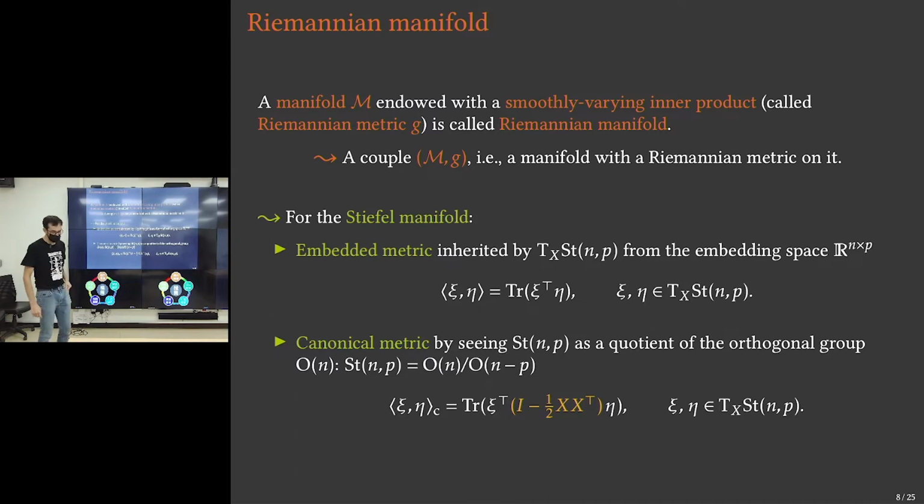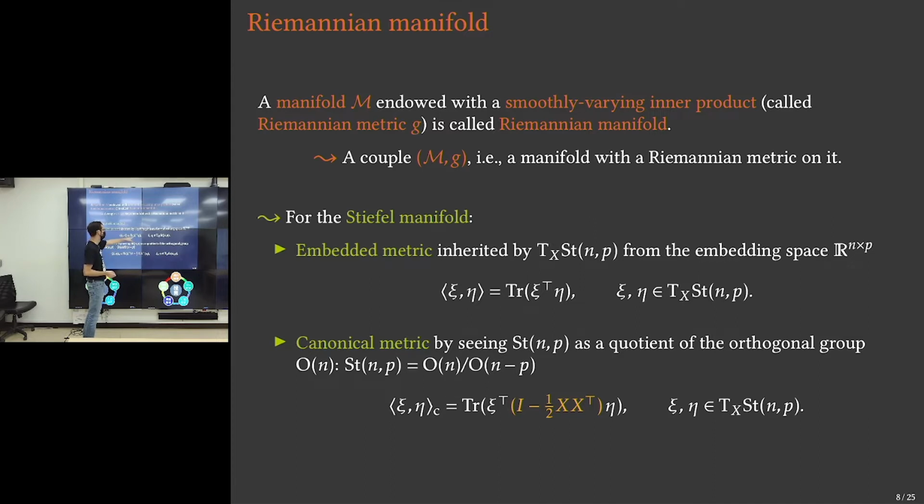So for the Stiefel manifold, there are two popular options. The first one is to take the embedded metric, inherited by the tangent space from the embedding Euclidean space. It's just this inner product, where psi and eta are two tangent vectors at x. They are two matrices, and we just take the trace: the trace of psi transpose eta.